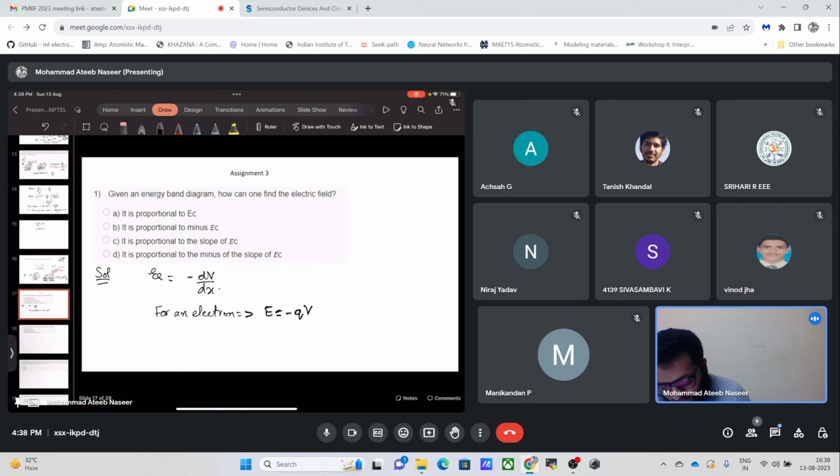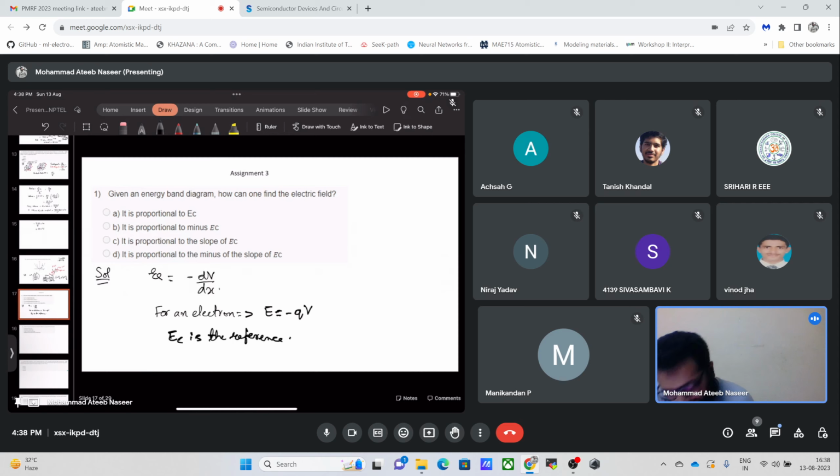It is simply given by minus qV, where V is the potential. Now if we take some reference, this Ec as the reference, because choosing any reference coordinate is up to us, so let's say that we are choosing this conduction band edge to be the reference.